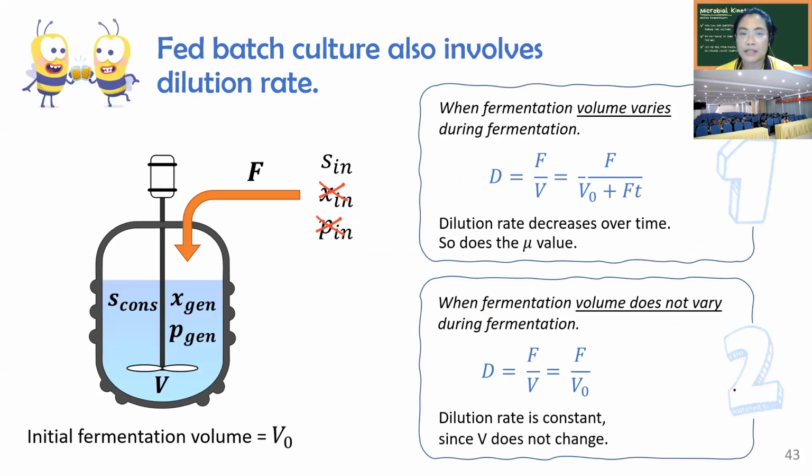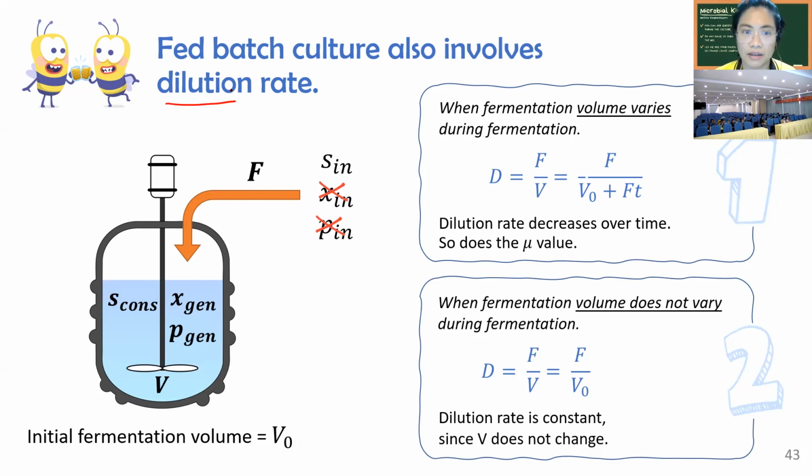So in fed batch cultivation, you have something feeding in, although you don't have anything taken out from the fermenter until the end of the cultivation. But it also involves the term dilution rate, because you add something in, so you are diluting things.